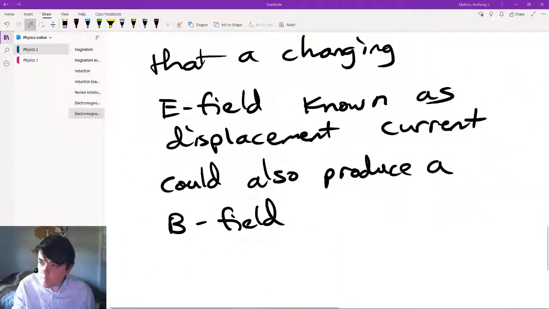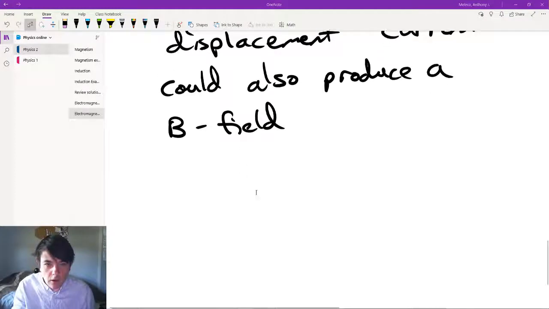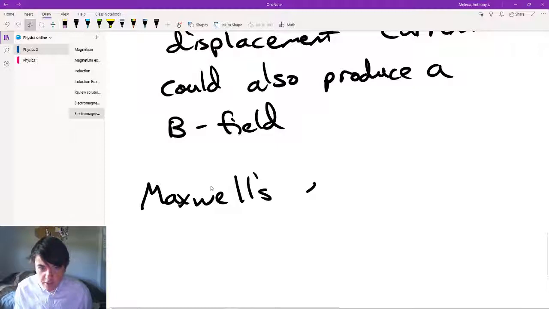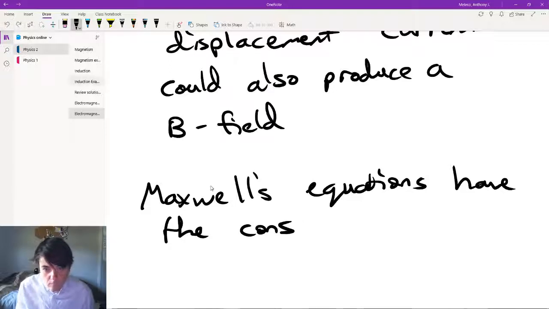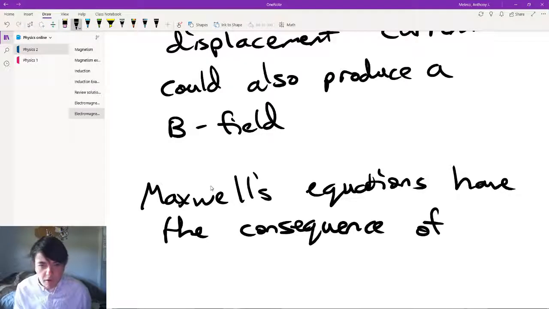So what was the point of all this? Well, the main thing that you should get out of these equations is that they have the consequence of electromagnetic waves.